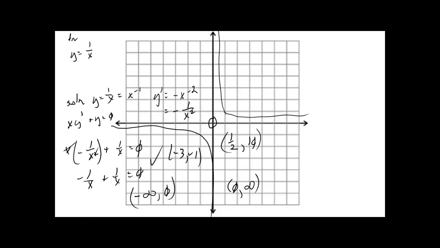But because the solution curve is defined by y is equal to 1 over x, in any of those intervals the pieces are simply segments or pieces of the solution curves defined for negative infinity to 0 and 0 to infinity.